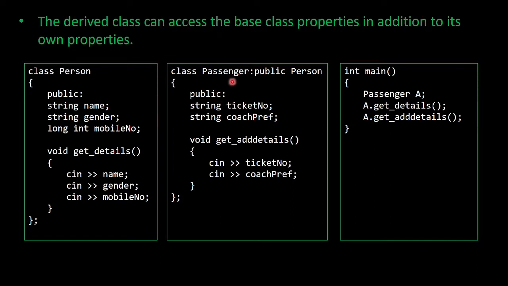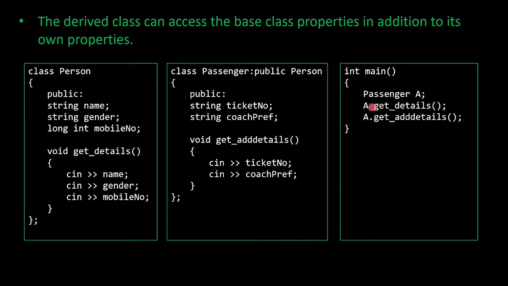So we don't need to write it over here. We only need to write the member functions and variables which the class passenger has of its own, that is to say string ticket number, string coach preference, and the member function void get additional details.